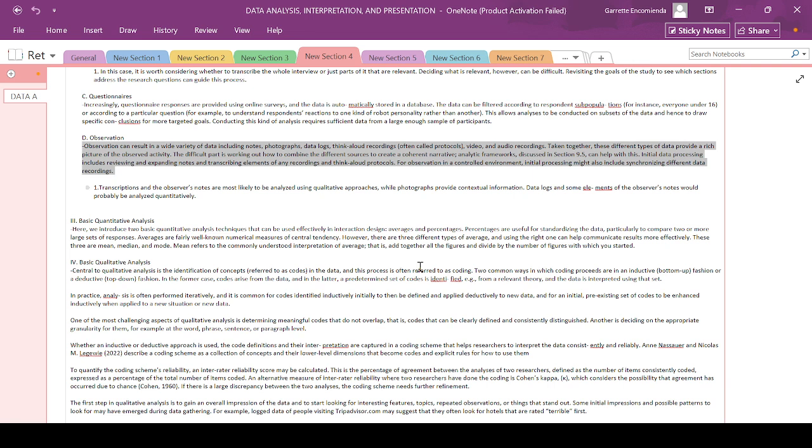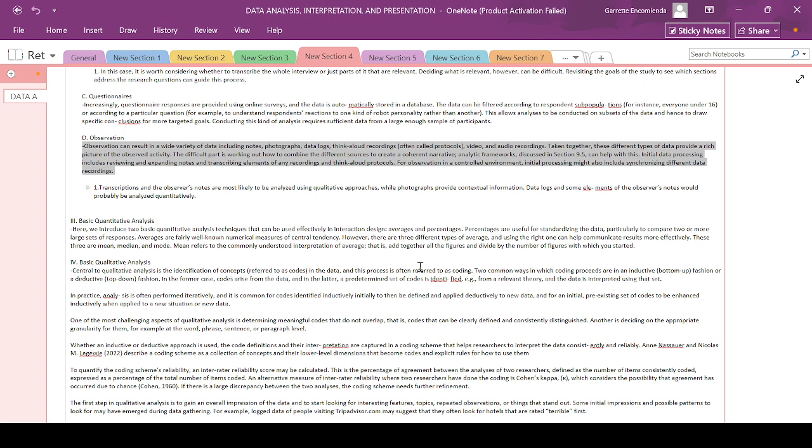So this data provides us a clearer picture of what is actually happening in the complex world. Transcriptions and observers' notes are most likely to be analyzed using qualitative approaches, while photographs provide contextual information.